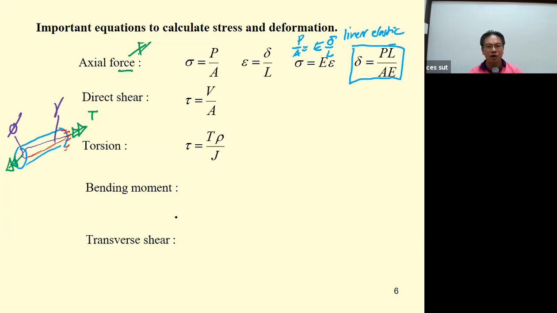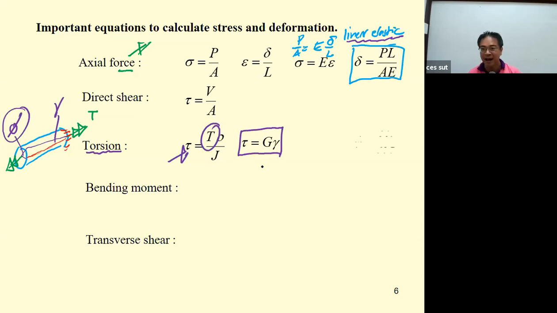shear strain. So in the lab, when you do the torsion test, you can measure the angle of twist. When you measure the torsion, you can determine the shear stress, if you recall from mechanics of materials. And since the behavior is linear elastic, Hooke's law for shear stress also applies, and then you can determine the angle of twist.